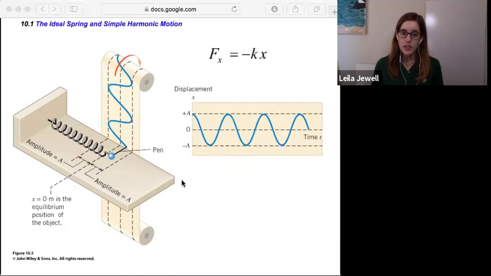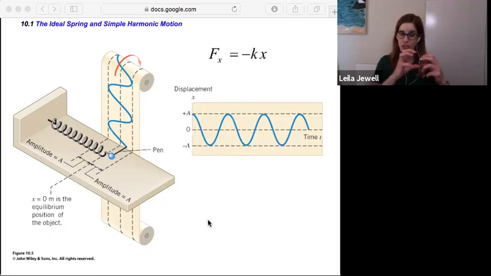Then it turns out if you attached a pen to this and had it run in the background as a sheet rolled by, what you'd see is that the displacement of the pen, of the end of the mass here, from the equilibrium x equals 0 position would follow this sinusoidal path, right?